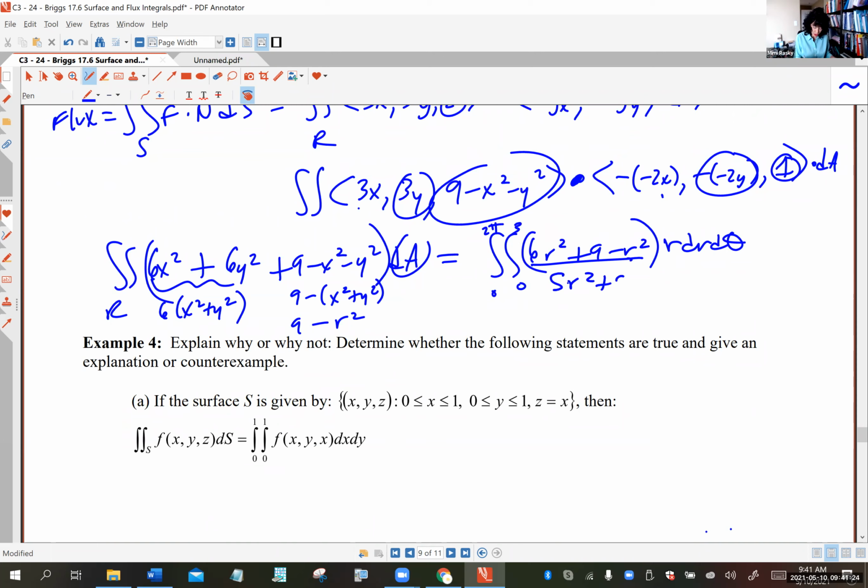You're going to have 5r squared plus 9. And then when you distribute your r, you're going to have 5r cubed plus 9r. And you're going to want to integrate that. And I'm just going to put et cetera, because I'm running a little short on time. And this doesn't have any surprises when we're integrating. The final answer, and I'll let you figure the rest of this out, is 567 pi halves.